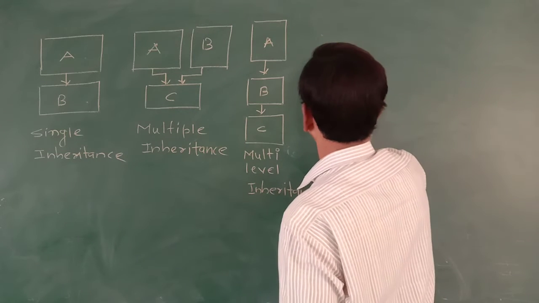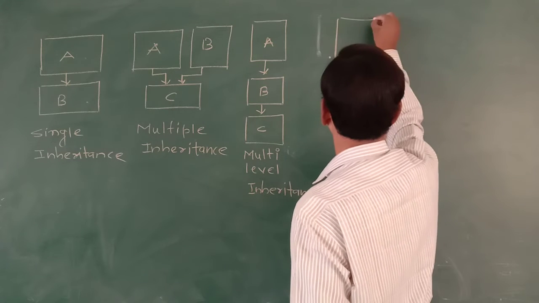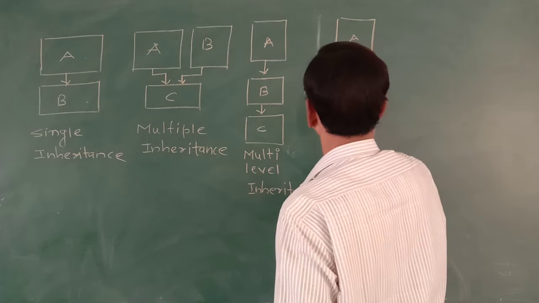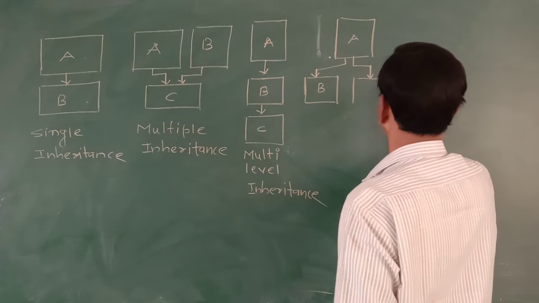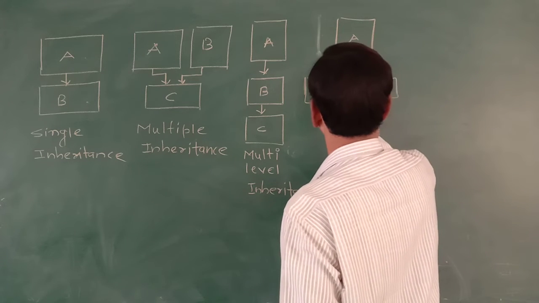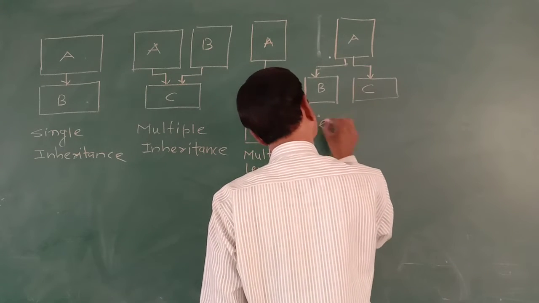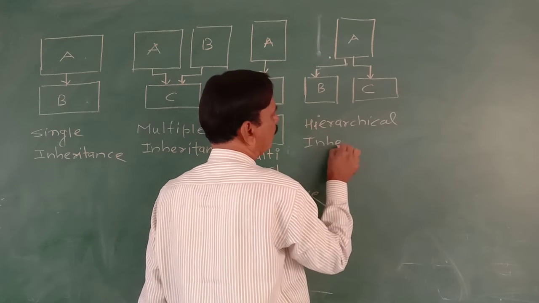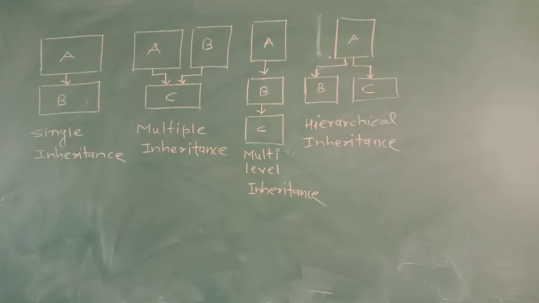Now, it may be possible that class A is there and it inherits to B. It also inherits to C. This is called hierarchical inheritance. Now, one more type of inheritance there may be.